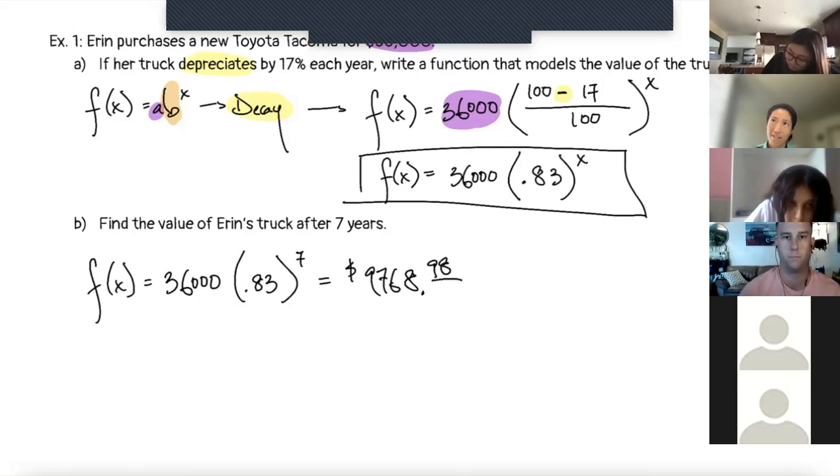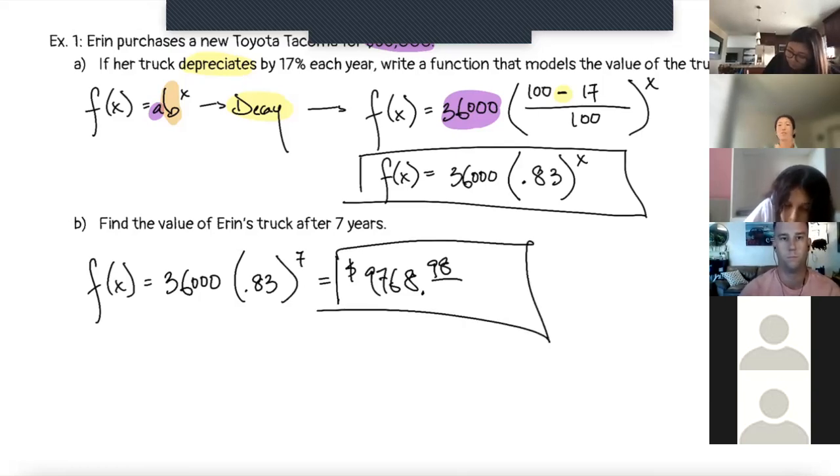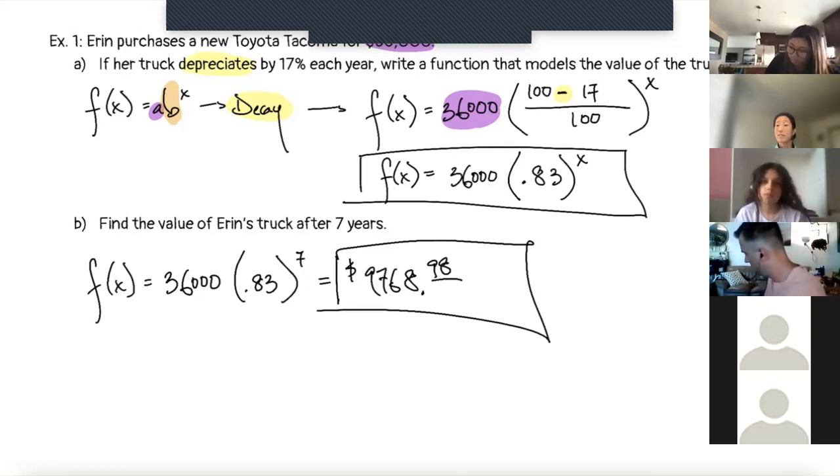All right. So yes, we just did some math, but let's think about what this means, right? You walk up to the Toyota dealership, you buy a brand new car, a truck, you pay $36,000 for that truck. And all you do is drive around town. You didn't have any accidents, nobody dinged your car, nothing.